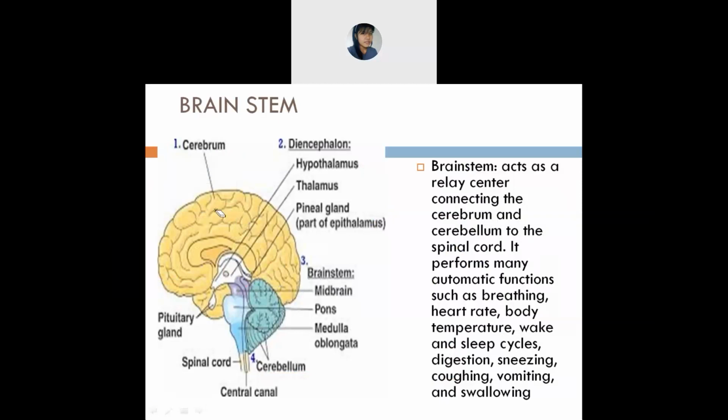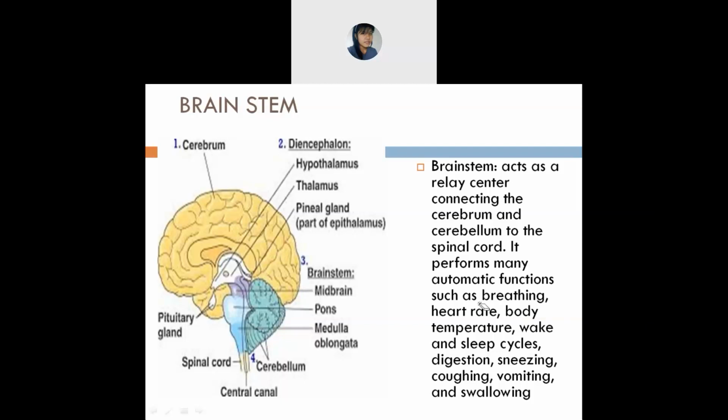They are like the middle point, you can say, and they connect to the spinal cord. This is the spinal cord, na? So they connect to the spinal cord, and the brainstem has different functions, like automatic functions. Say, for example, breathing. You breathe in and out. You can perform all those because of this brainstem.